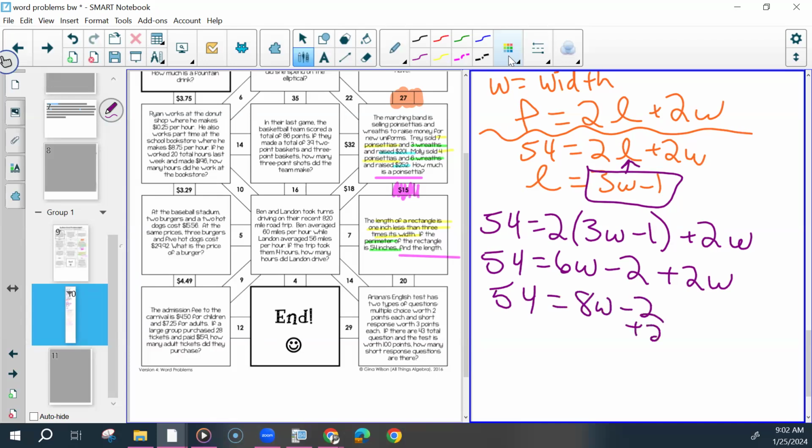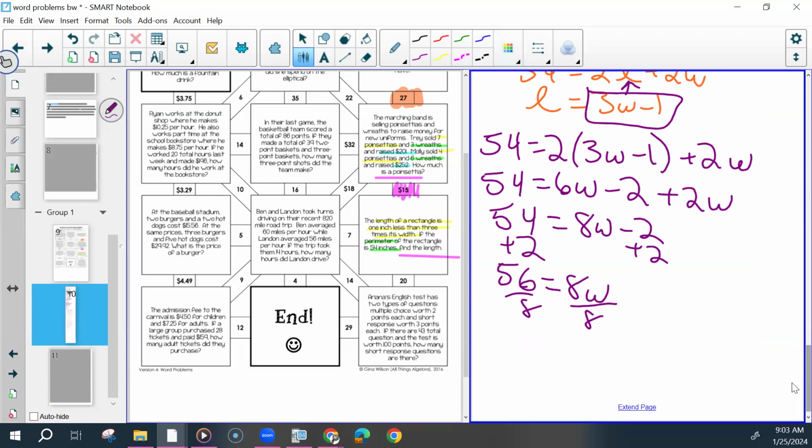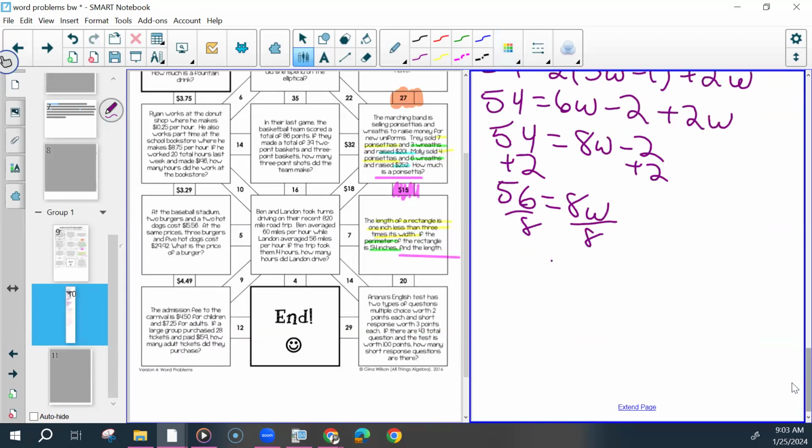What is W? inches. So notice that that answer is up there, but that's not the answer we're looking for.